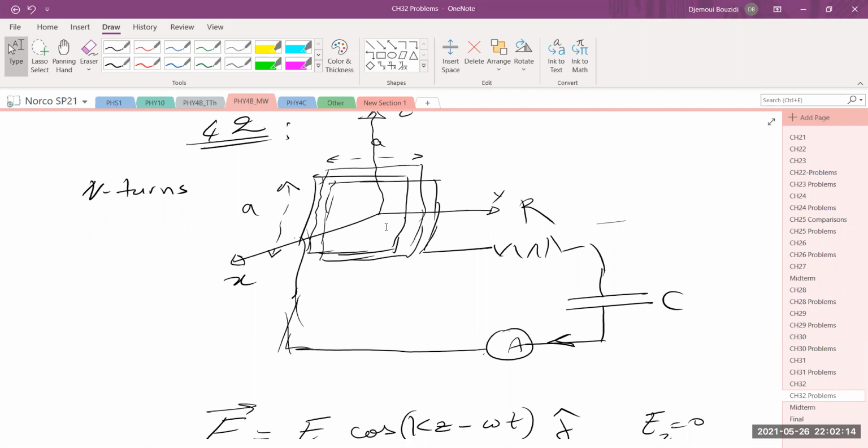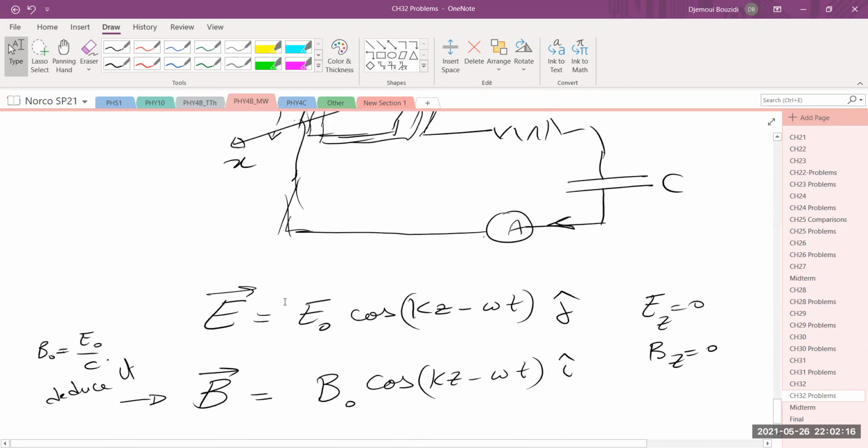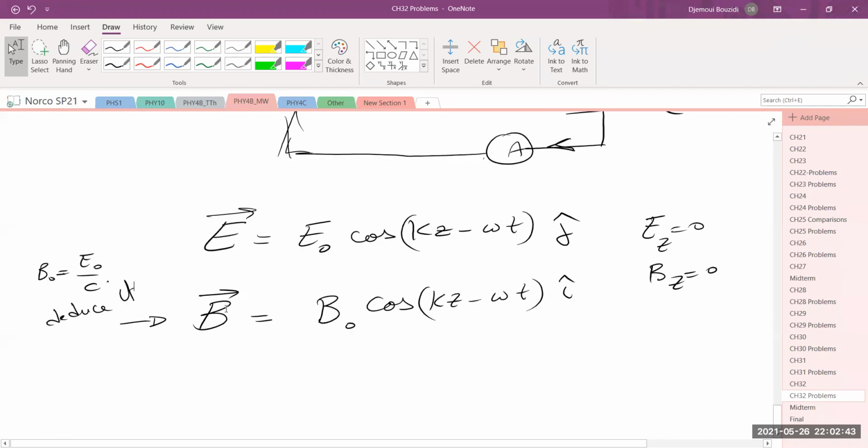Now, since they specifically stated that the electric field is along the j-hat direction, then I have no choice but to take the magnetic field along the X direction with the same phase and a magnitude that satisfies this condition based on what we saw in lecture. Does this make sense to you guys? Okay, very good. So we know what the magnetic field is.